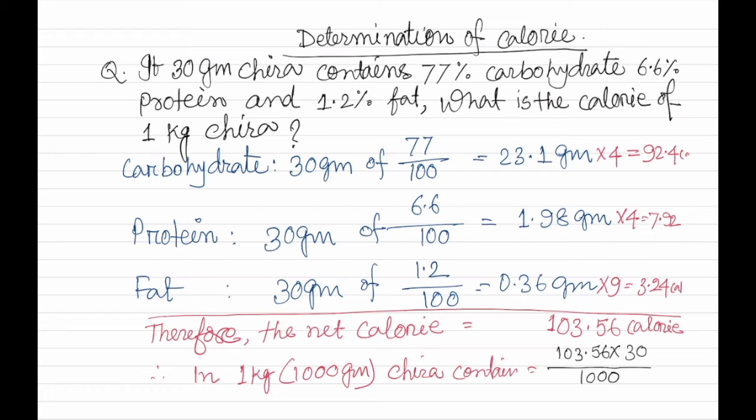I am sorry to say that this system is wrong. It will be 1000 divided by 30.